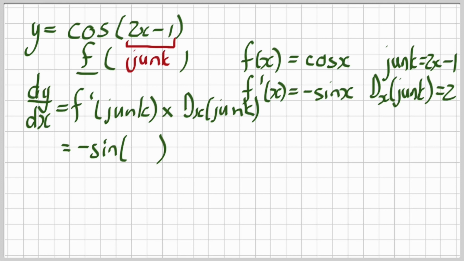So you've got to put that junk inside of the derivative of f. And then I'm going to multiply it by the derivative of the junk. Remember, I got that answer there as being 2. So placing that junk inside of the derivative, I've got negative sin of 2x minus 1. And don't forget about the times by 2. And there I have derived that original function.